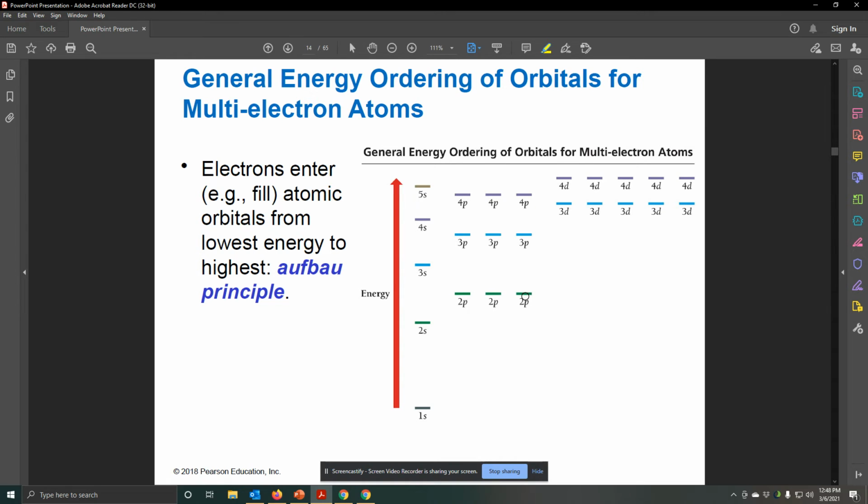There are 3 orbitals in the p subshell, because the p subshell can hold 6, and there are only 2 electrons per orbital. Then 3s, then 3p, then 4s, and actually it goes to 3d next. We'll talk about why that is a little bit later. Okay, so we have a rule here, and this is simply saying that as we fill electrons in our orbitals, we're going to start with the lowest energy and move to the highest.